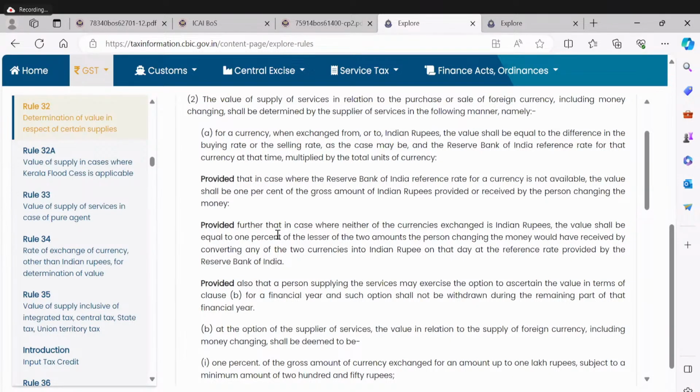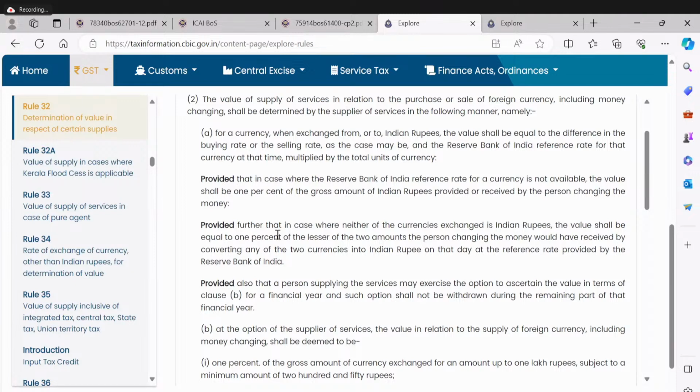That means whatever consideration that person is paying for getting the foreign currency, or whatever amount that person is getting by selling the foreign currency, either case could be there. Whatever gross amount the actual transaction has been entered into at, we will take 1% of that amount.